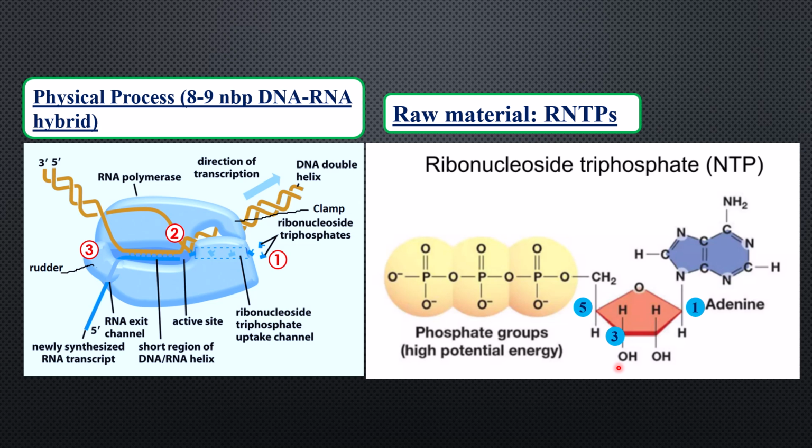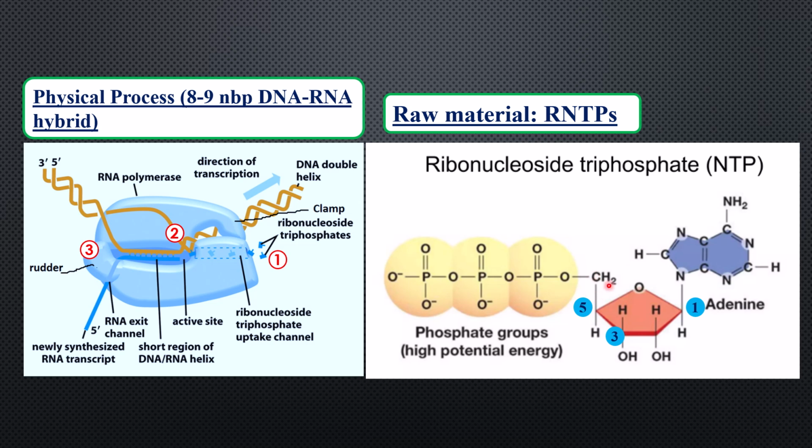The phosphodiester bond is formed with the help of the 5' and 3' locations. If you see the numbers, the positions on this ribose, we have this one where the nitrogenous bases are always attached, so it's not available. Then we have 2, then 3, then 4, and then this one is the 5.